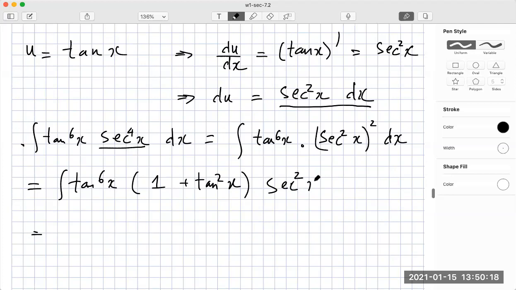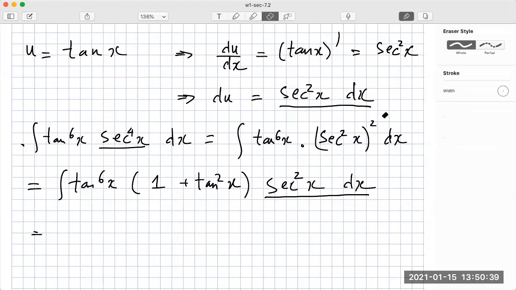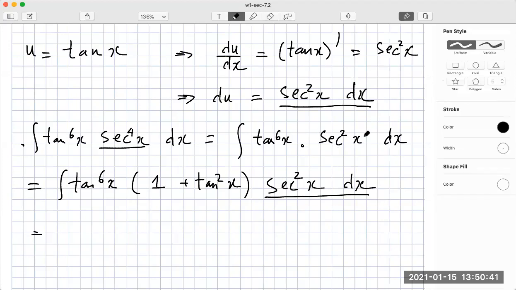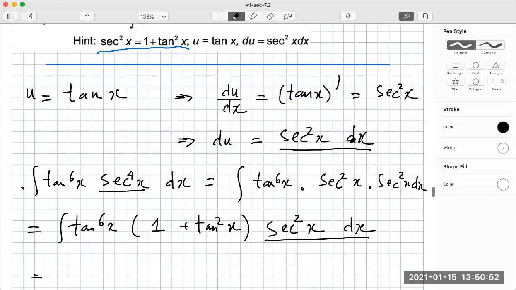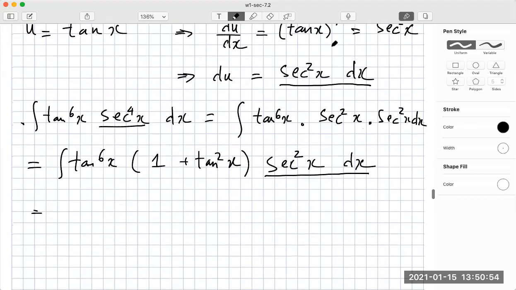Thank you. Yes, perfect. It's no longer squared. It's always better if we write secant square times secant square here, and we leave it this way. And secant square x dx, we can replace it by du.